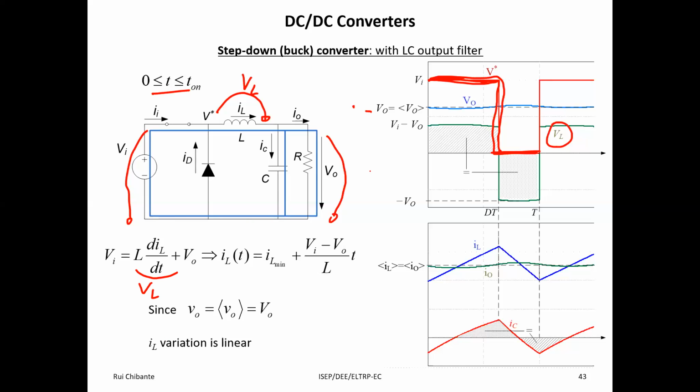But let's complete here the analysis of the voltage, and then we analyze the currents and we complete this expression. So in terms of the voltage, this relationship that I stated means that I can say in a different way that VL is equal to VI minus VO. So it is the result that we have here.